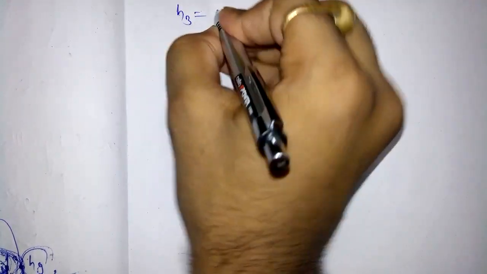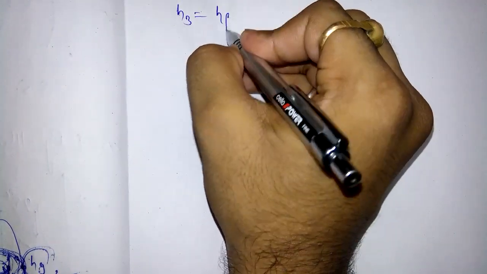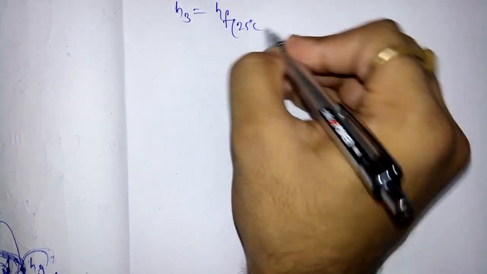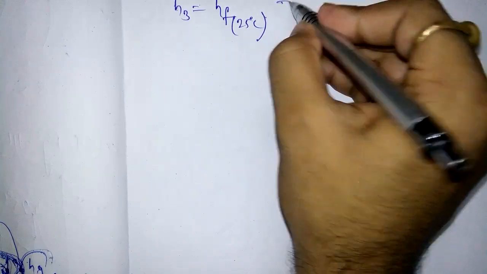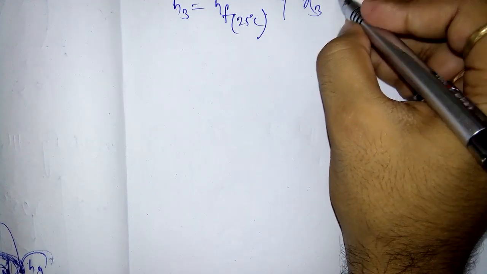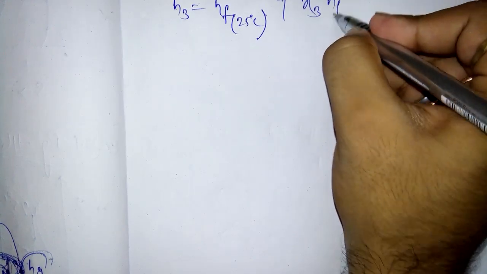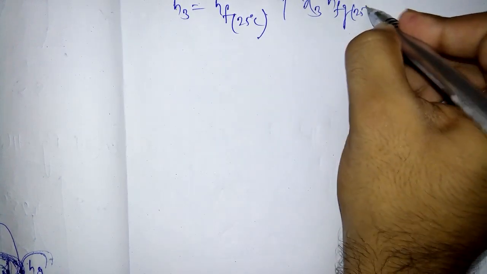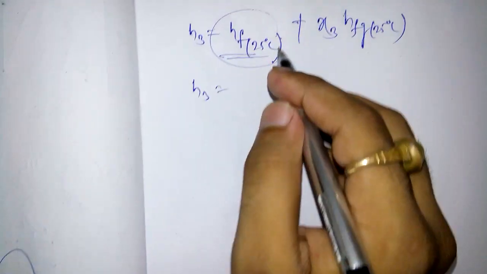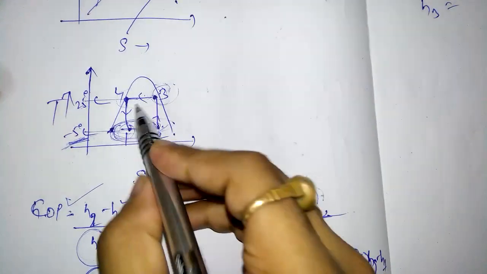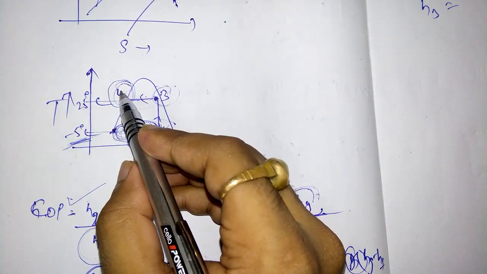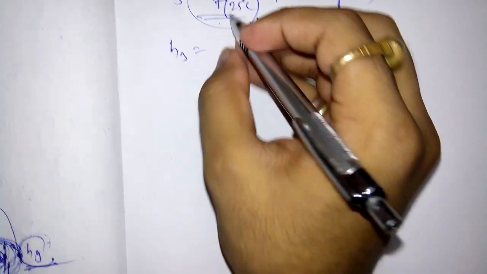H3 is HF at 25 degrees Celsius plus X3 into HFG at 25 degrees Celsius. HF at 25 degrees Celsius is nothing but H4. It is very simple.